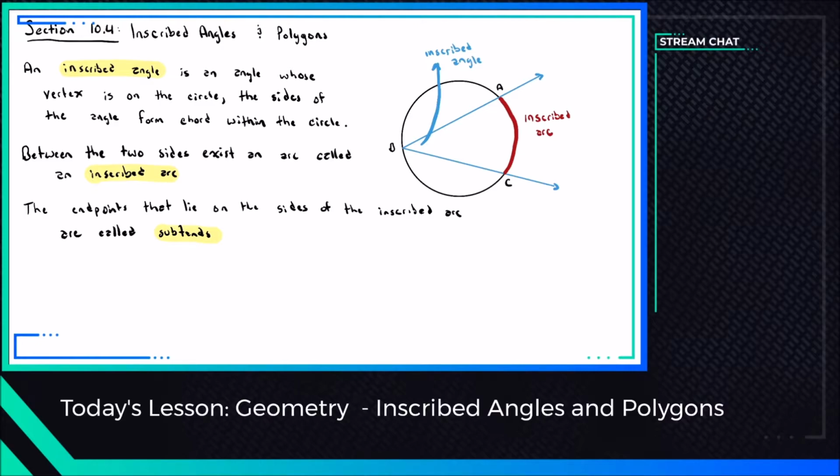And I'm going to highlight subtends now in green. That's going to be that measurement from A to C. So we would say that AC, the segment, subtends angle B, or we can say that AC, the arc, subtends angle B.